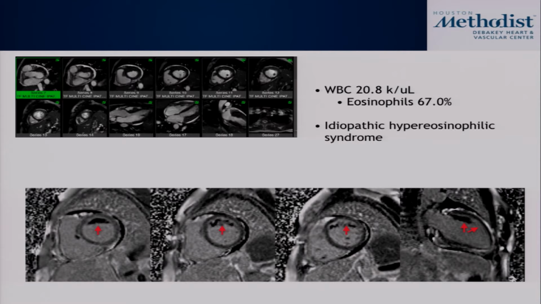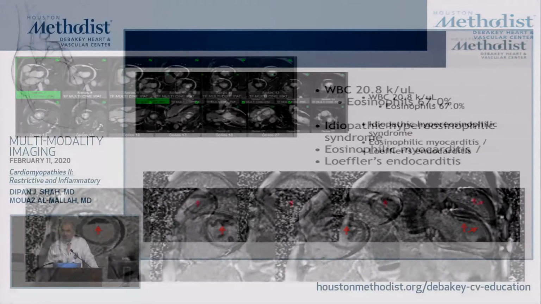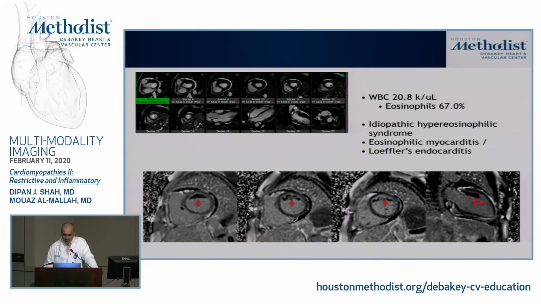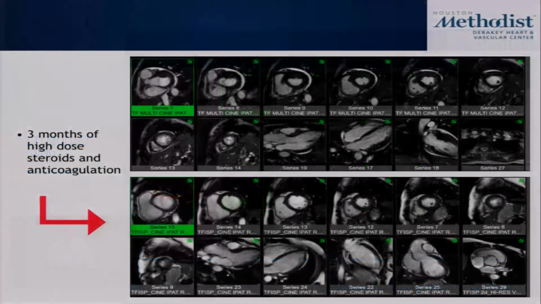And so this is an example of idiopathic hypereosinophilic or eosinophilic syndrome, which leads to eosinophilic myocarditis, or oftentimes we use the terminology Loeffler's. This is important to identify because how do you treat this? Well, this person actually was treated with 3 months of high-dose steroids and anticoagulation, and you can see here now the increased wall thickness is gone.